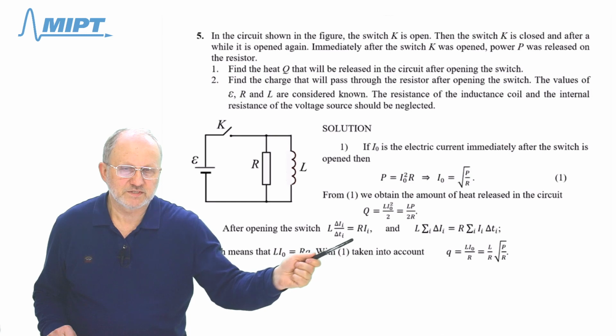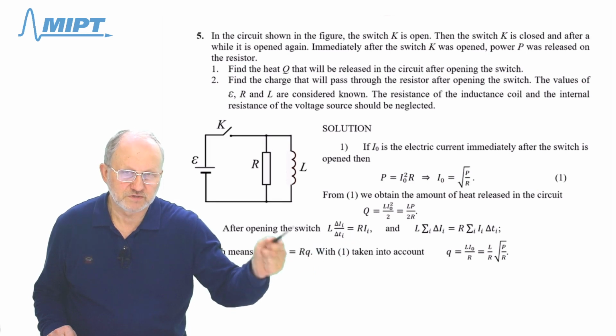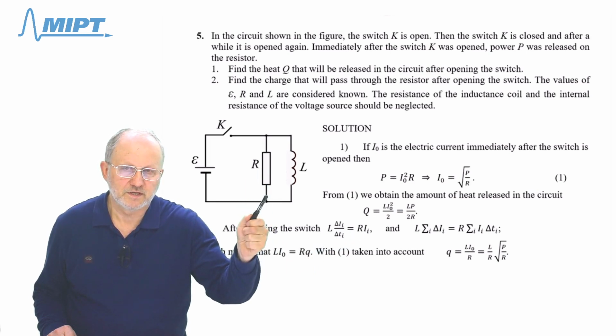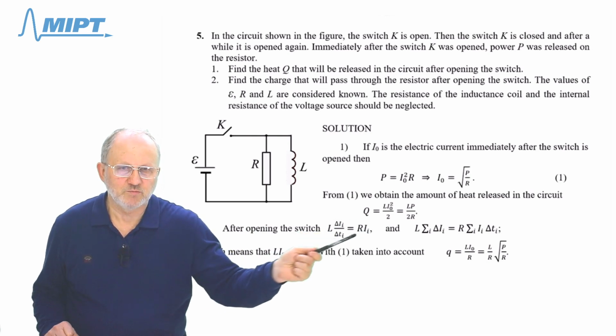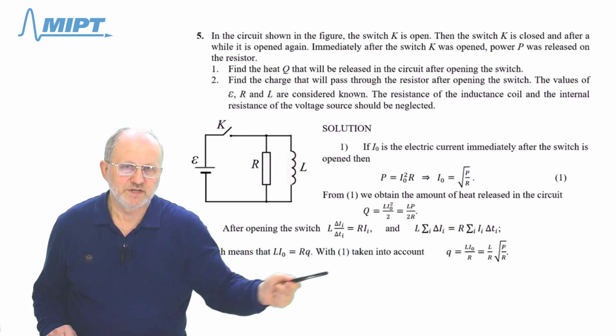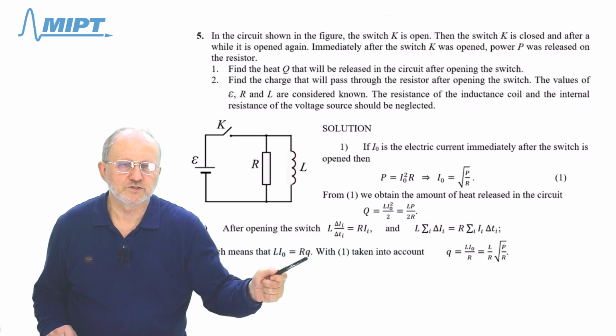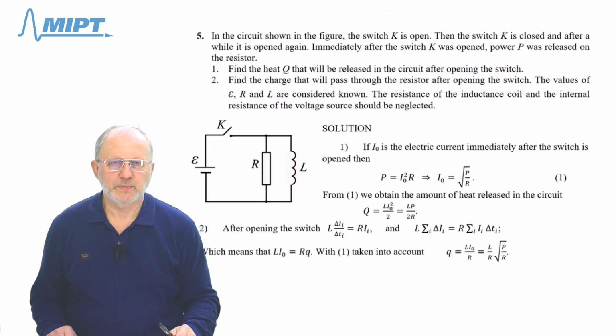And current times delta t, by definition, is charge delta Q, which flows through the resistance during time delta t. And after summing up all such equations, current times delta t, we obtain the total charge which flows through the resistance. Total charge times the resistance, which comes here from Ohm's law, from this equation.